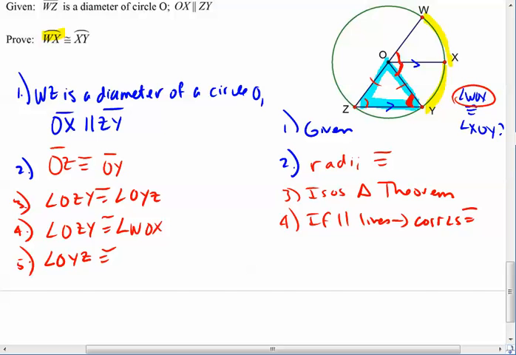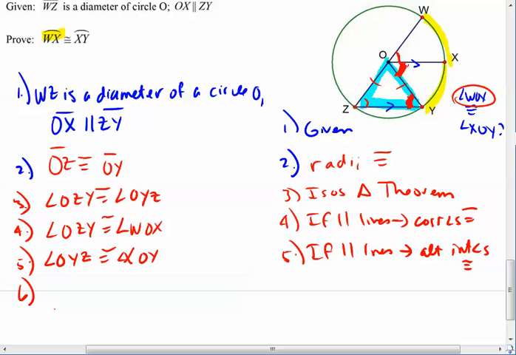Take a look at those two angles. They're actually alternate interior. So that was angle XOY. If parallel lines, then alternate interior angles are congruent.